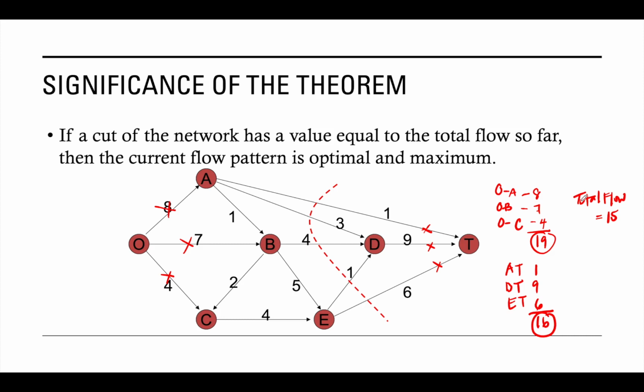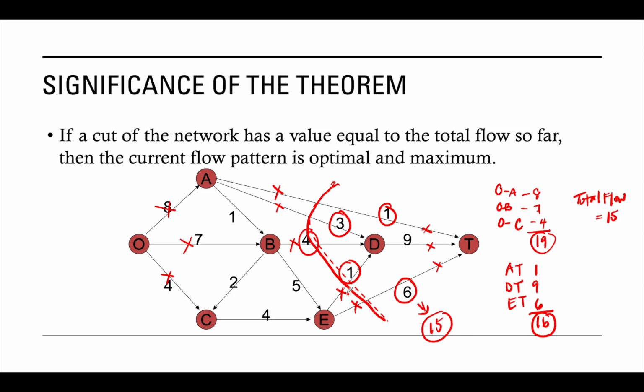Now, if you actually try harder to find the cut, you will be able to see this cut in the graph. And what is the cut value? 1 plus 3 plus 4 plus 1 plus 6, a total of 15. And imagine removing these arcs.